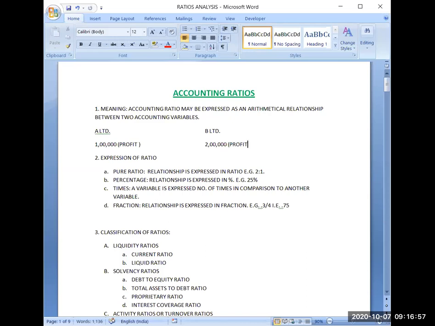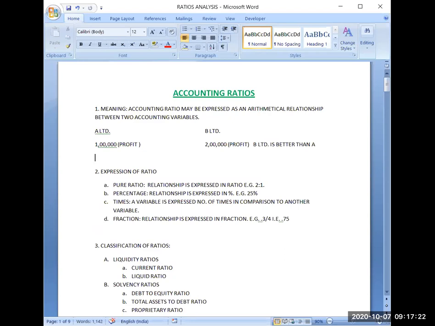Which company is better? Obviously, if we decide on the basis of this absolute amount, we will compare A Limited and B Limited and we will decide that B Limited is better. According to this information, B Limited is better than A.